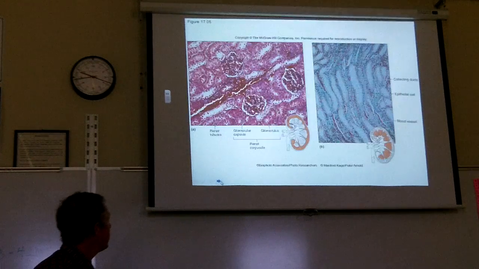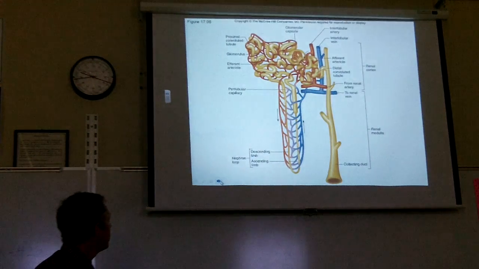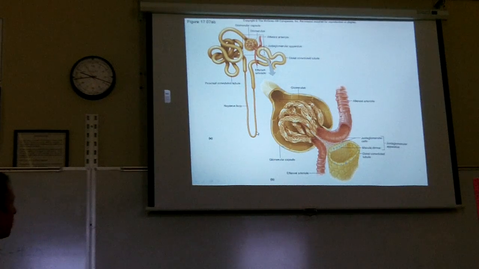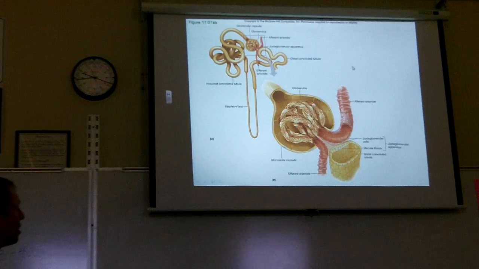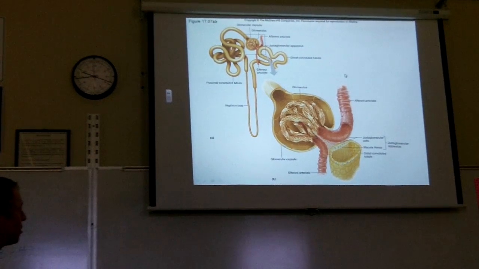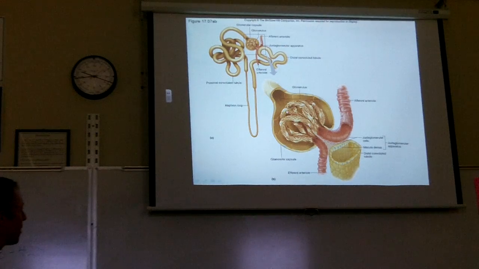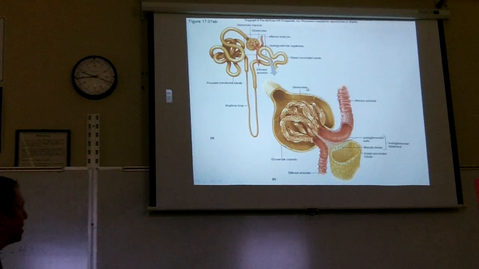Let me go to this picture. This picture shows it best. There's a lot of pictures of nephrons. But here we go. Here's a little blood vessel, and it's carrying blood. This is from the renal artery. It carries the blood this way, and there's a ball of capillaries called the glomerulus that is surrounded by the first part of the nephron.